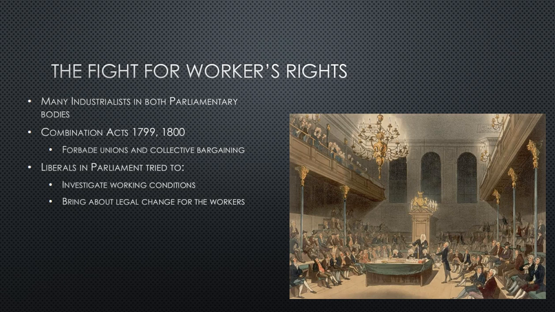But these are different liberals than whatever modern sense people are trying to convey when they use it that way. These liberals' goals were to investigate working conditions and then to make changes legally. These are legal changes that were going to try to help out the workers. These were the people looking out for those who were doing so much and getting a lot less than the people who were watching over them.